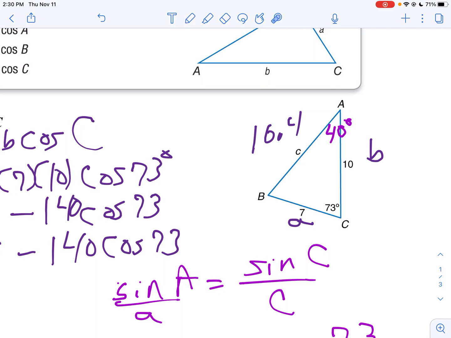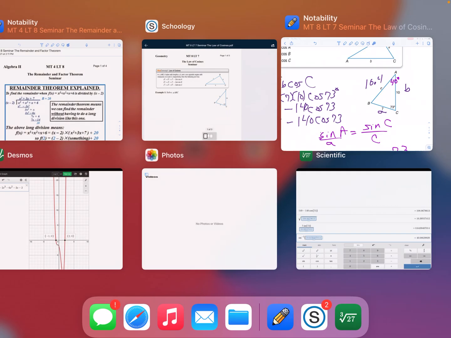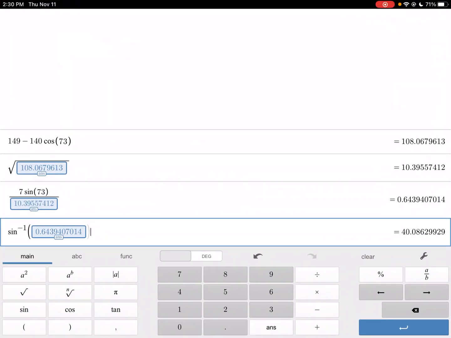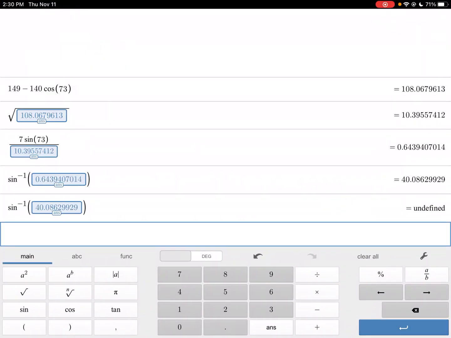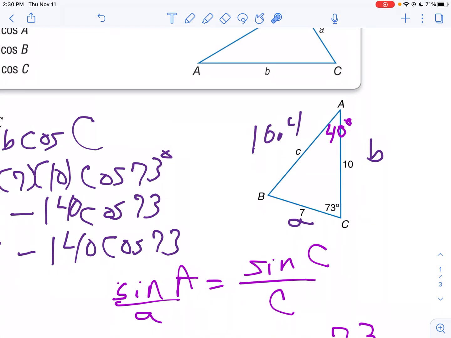So if I take 180 minus 40, I get 140. Take 140 minus 73, I do believe that's 67, but let me do a real quick check. If we take 140 minus 73, I get 67. Wait, yes, 67. I can't subtract in my head, apparently. So angle B is 63 degrees. And there you have it.